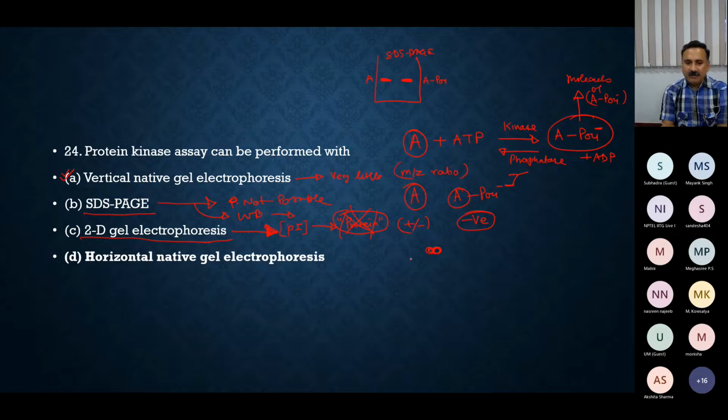So people cannot do simple 2D gel electrophoresis and say, oh, this is the phosphorylated band, this is the unphosphorylated band, until they follow with the antibody, or they can use some probe to say that this is phosphorylated, this is unphosphorylated. So further staining is required even if you do the 2D gel electrophoresis.